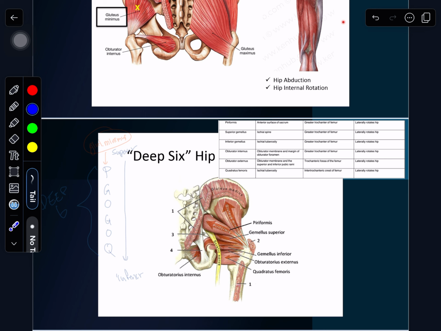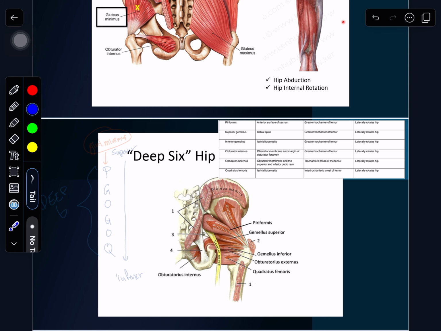So in order to see them, you would have to have visual access to the gluteus minimus, which, as we saw in some of the cadavers, is very possible, right? Some of the gluteus medius has been taken out, and the gluteus maximus can just be flapped over to grant us visual access to the underlying layers. And so those deep six are going to be visible if we look directly inferior to the inferior border of our gluteus minimus, the medial inferior border.